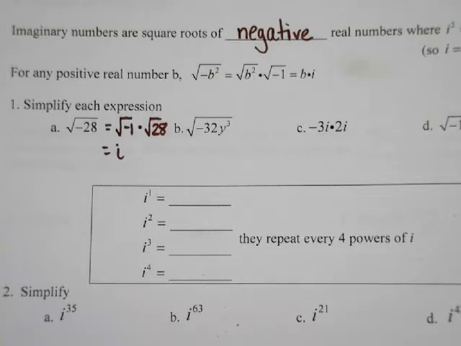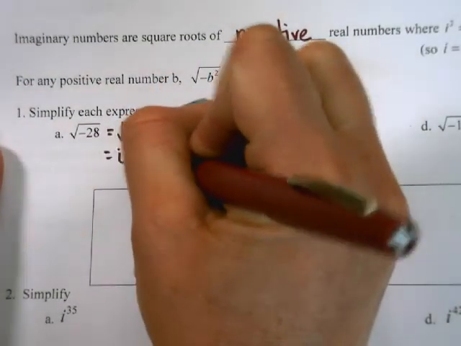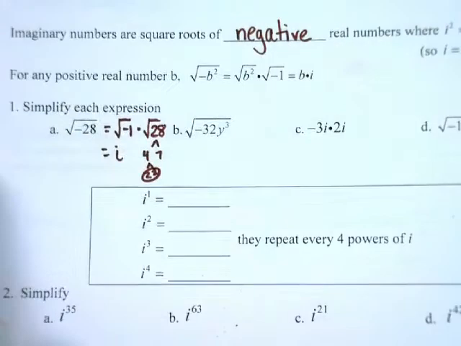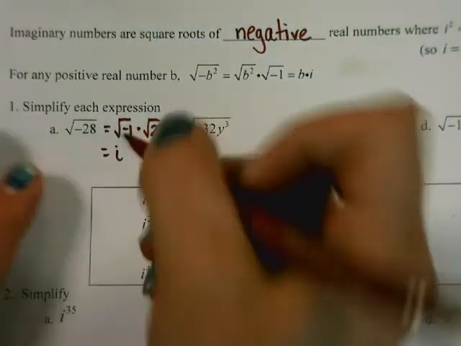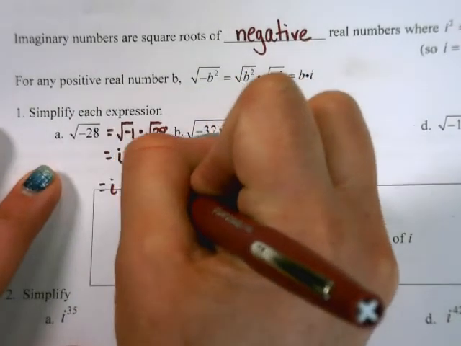Yeah, we factor tree it, right? We make the prime factorization, so we're not changing that part of it. 28, let's do 4 and 7, and 2 and 2. So I can get a group of 2's to come out. So this is i times 2 root 7.